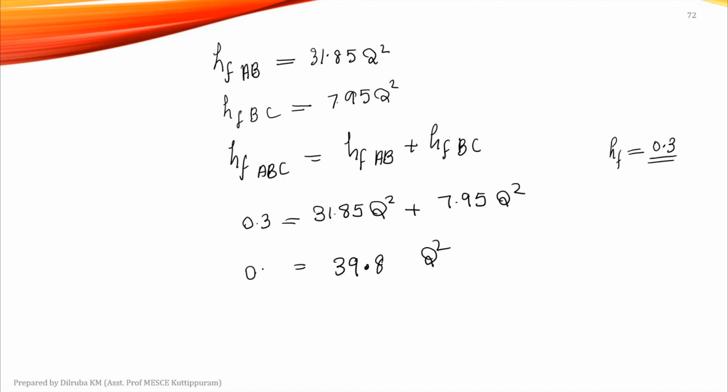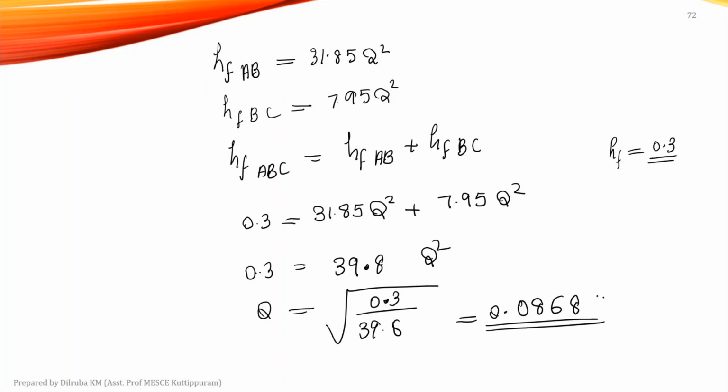So from this, Q is root of 0.3 divided by 39.8, which will come around 0.0868 meter cube per second.